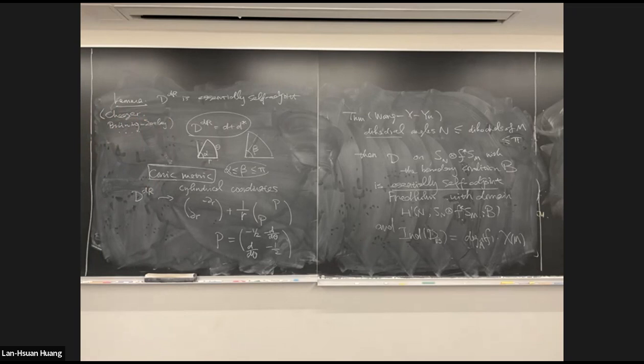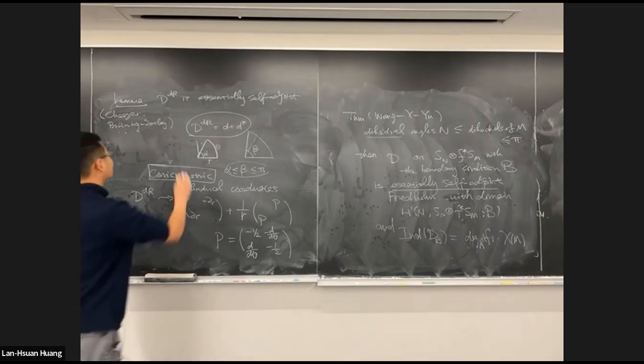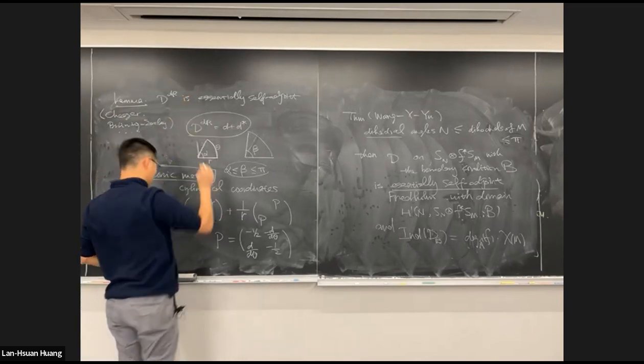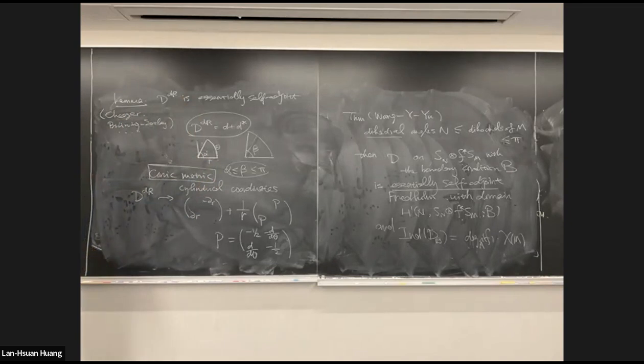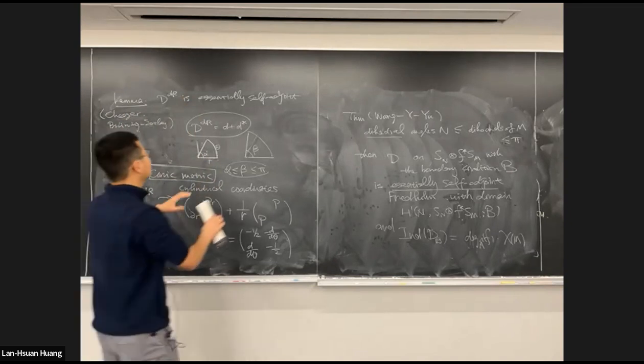Quite a lot of people have worked on conic metrics, of course. This is one of the first lemmas that you encounter when you decide whether something in a conic metric, that operator, is essentially self-adjoint or not.